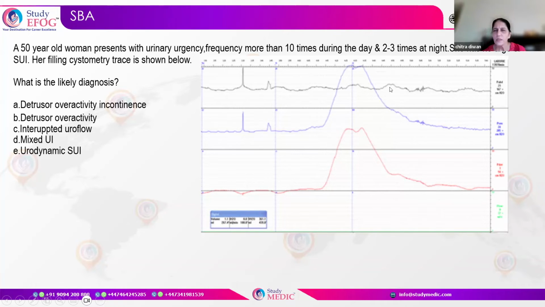Now, what you are seeing here in the red line, you have an increase in the detrusor pressure. Because detrusor pressure is increasing, the vesical pressure is also increasing, but abdominal pressure is not rising. Now, in the filling phase, whenever there are detrusor contractions seen, the only diagnosis that you can have is detrusor overactivity. Since there is no leak shown here, it is not incontinence.